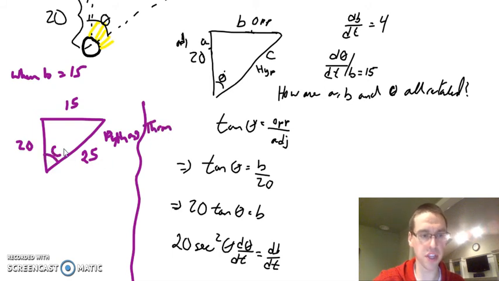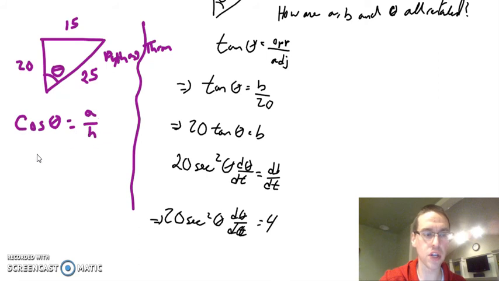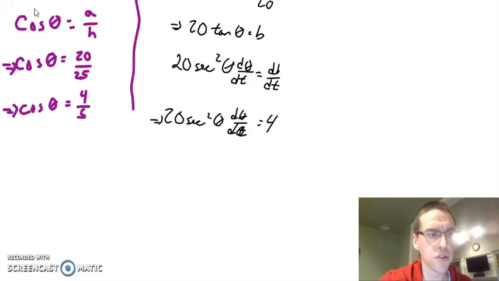So this is still theta. We got to look at what we're looking for. Well, secant is really 1 over cosine. So what I need to find is cosine theta. We know cosine theta is A over H. So in this case, cosine theta equals 20 over 25. So cosine theta equals 4 over 5. So that's when B equals 15.